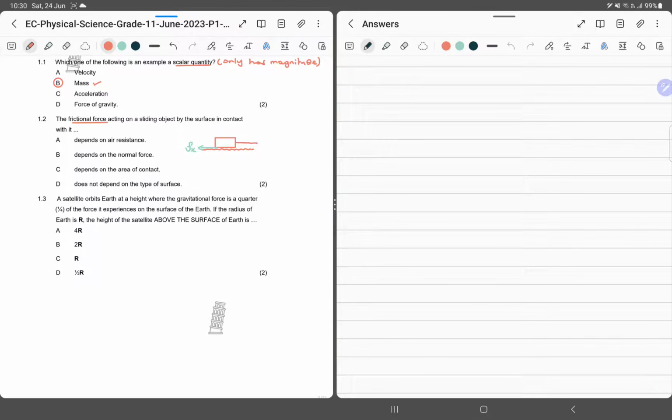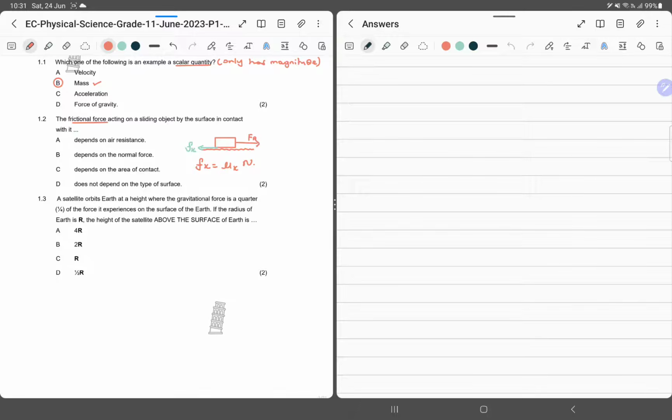And then of course there would have been a force that is responsible for that object to slide in the opposite direction. Okay, so it says now this frictional force acting on a sliding object by the surface in contact with it depends on, so this simply says, what do we know? We know that Fk is going to be equal to mu k times the normal force.